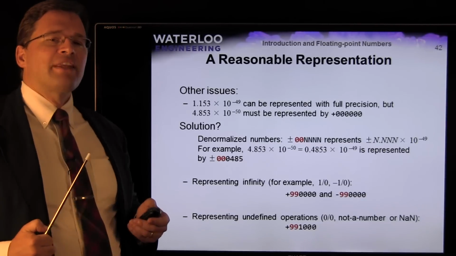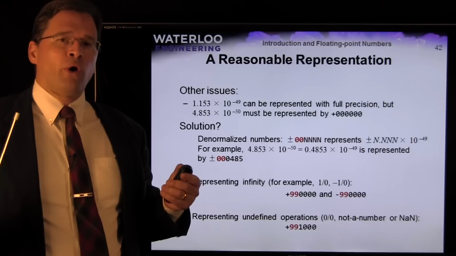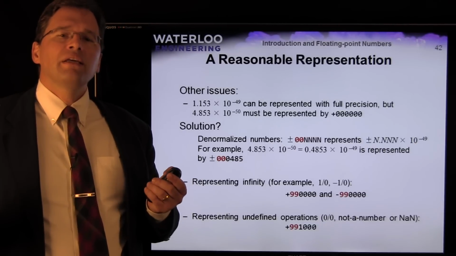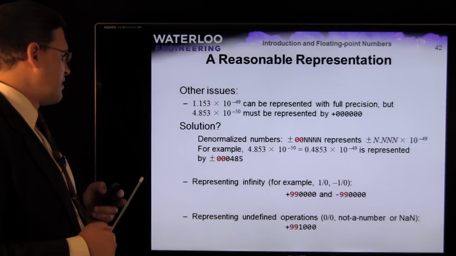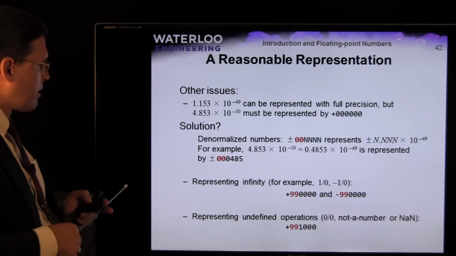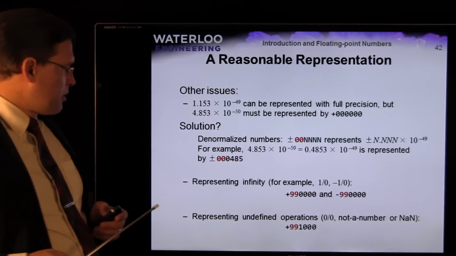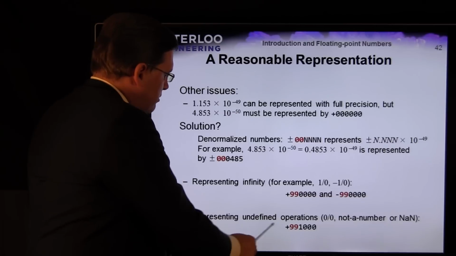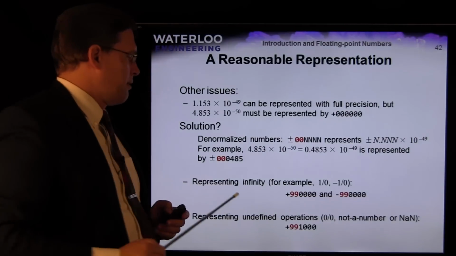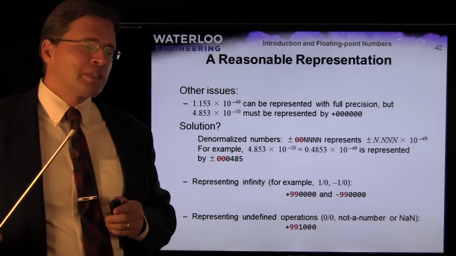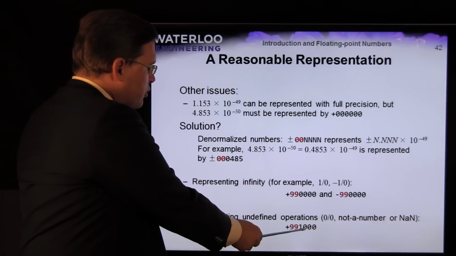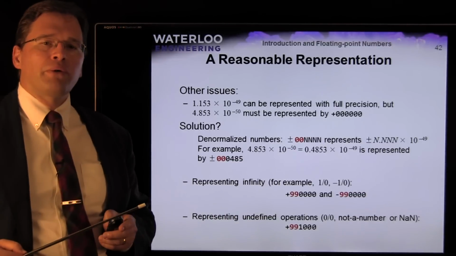Consequently, any operation that is ill-defined or indeterminate is going to be represented by something else that's special, not a number. And we're going to represent not a number by 0100. Again, something that's not normally in our representation. Sorry, there's an error there. That should be 0100.